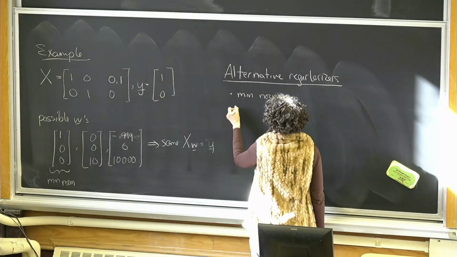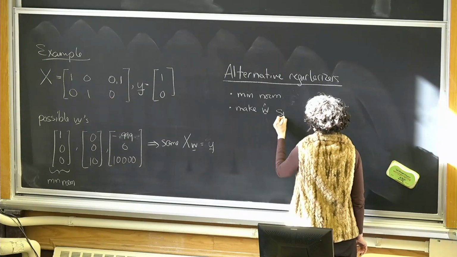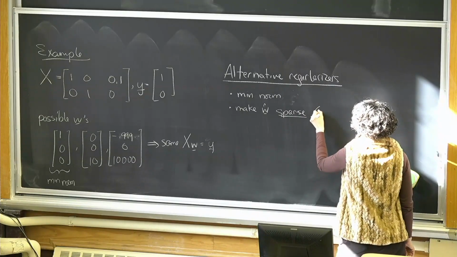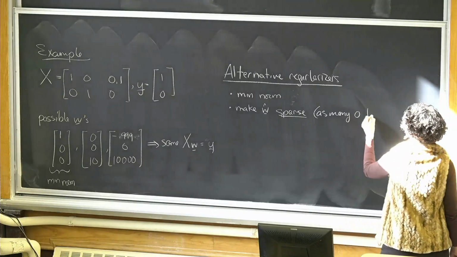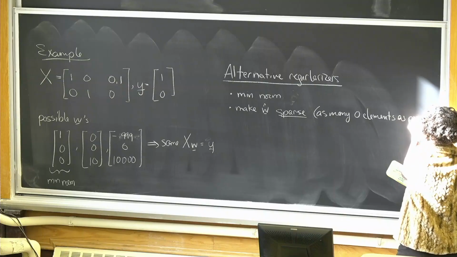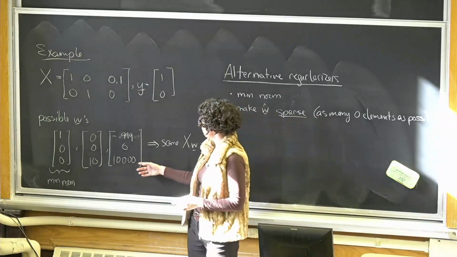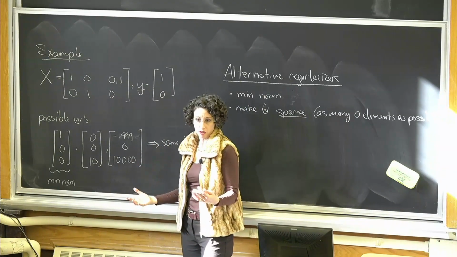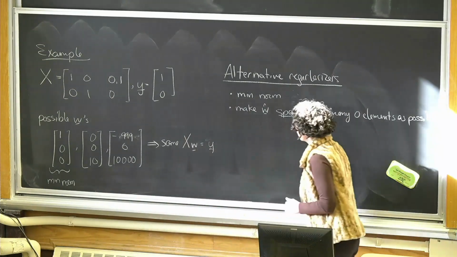We could also say, make whatever W hat we choose sparse. So we want to have as many 0 elements as we can. So we'd be saying, instead of sharing the weights among lots of different features, I just want to choose a small number of features that are good predictors. That's another possibility.